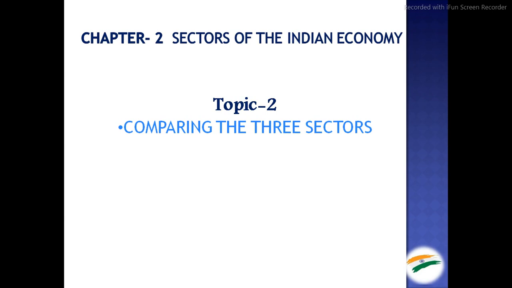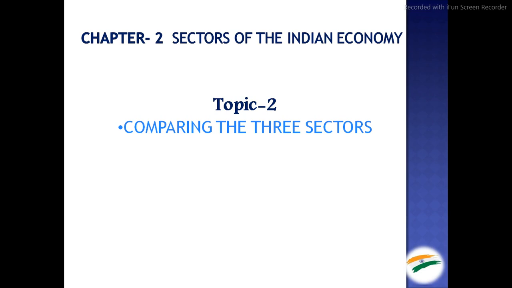The primary sector is the agriculture sector or producing sector. The secondary sector is also called the industrial sector, as different industries are associated with each other. The tertiary sector is also called the service sector, because it provides services to the growth and development of the primary as well as the secondary sector.